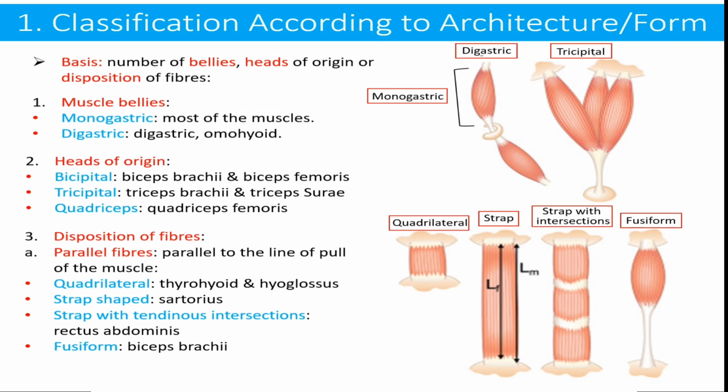Third is strap with tendinous intersections, elongated muscles with intersections, represented by rectus abdominis muscle. Fourth is fusiform muscle. In this category, all the muscle fibers converge and are attached to a central tendon. This category is represented by biceps brachii muscle.